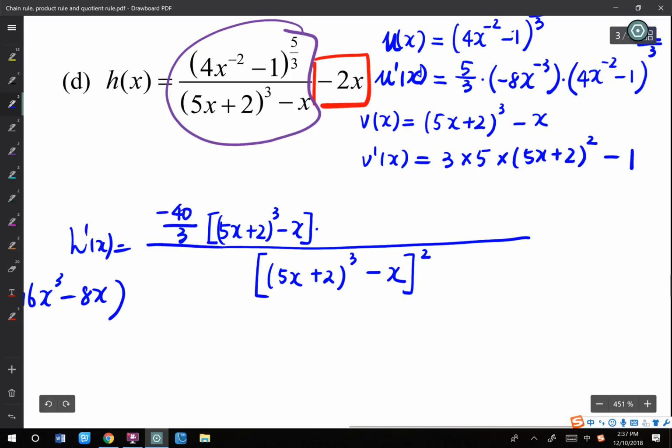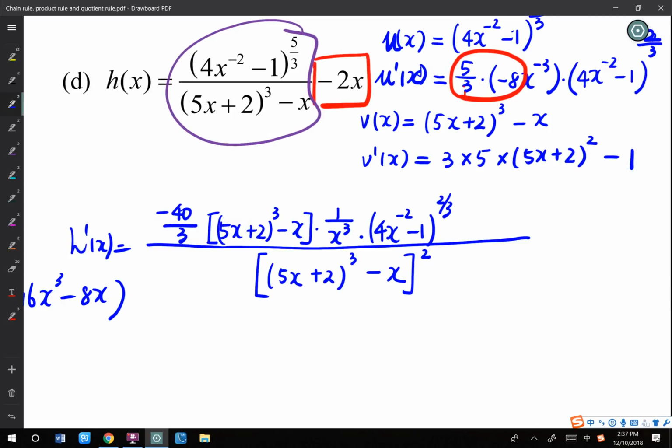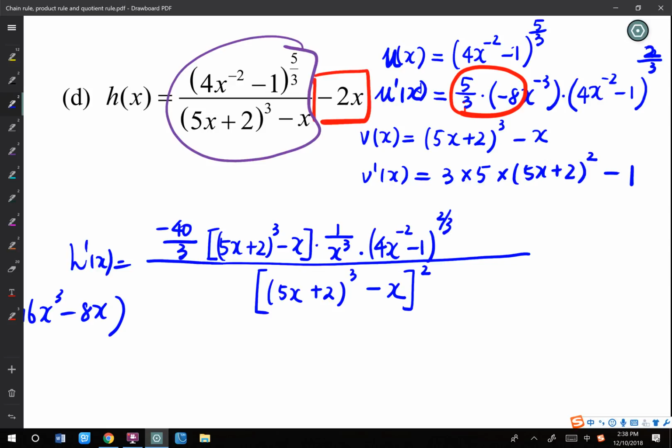Okay, because that's this times with that, and times with 1 over x to the power of 3, and times with the 4x to the power of minus 2 minus 1, and then to the power of 2 over 3. That's the v(x) times u dash x. It's basically just 2 times together, but I have to do a little bit of rearrangement, like move something to the front and then make the negative indices become positive.